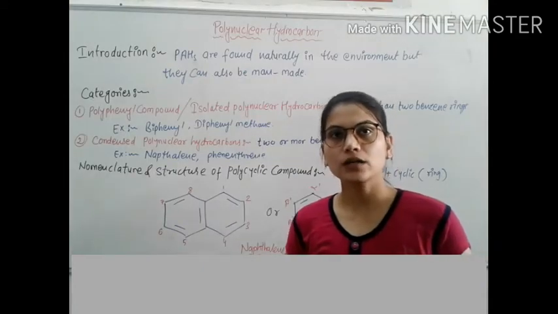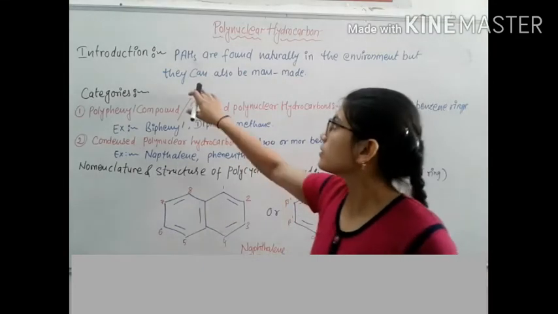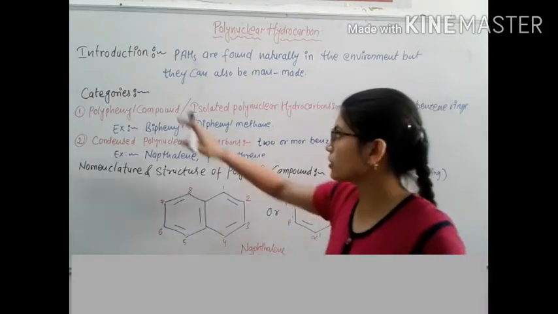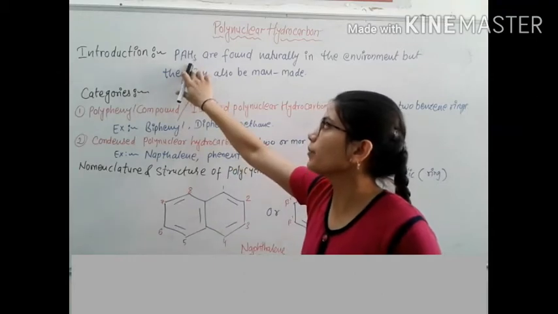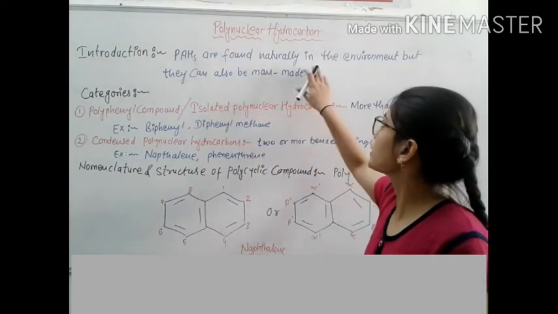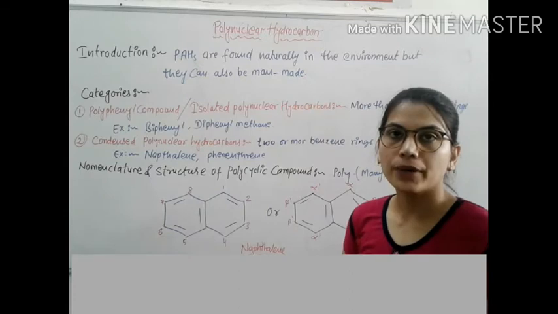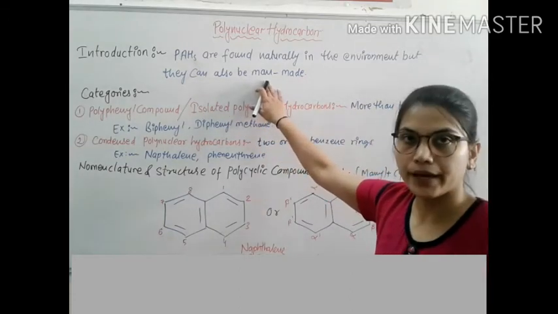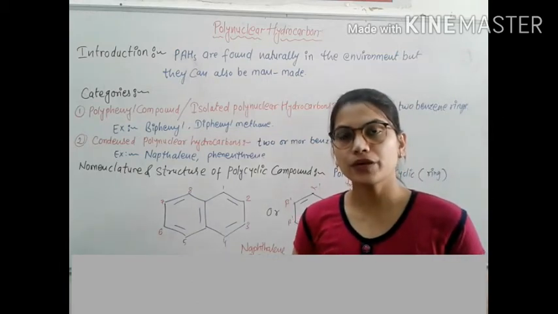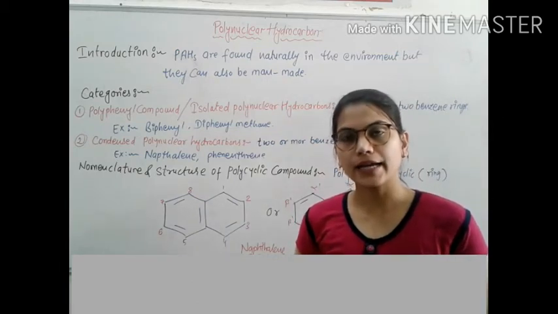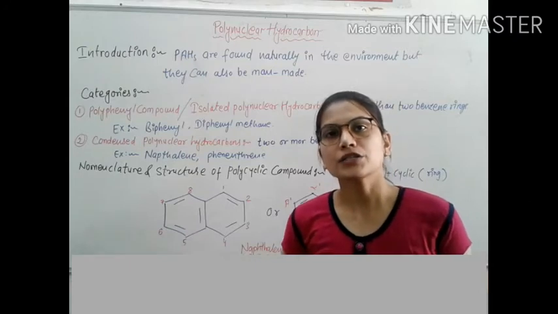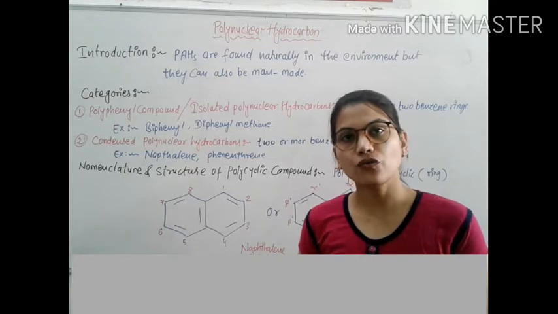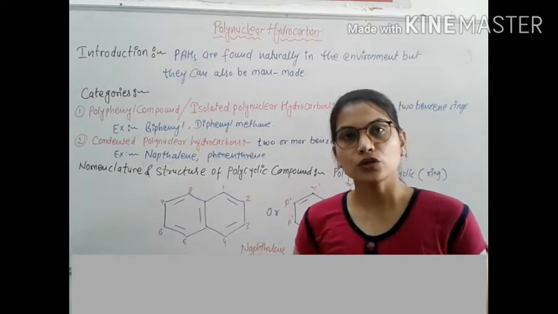Now discuss the polycyclic hydrocarbon introduction. Polycyclic aromatic hydrocarbons are found naturally in the environment, but they can also be made in their purest form. Polycyclic aromatic hydrocarbons are solid and range in appearance from colorless to white or pale yellow to green.